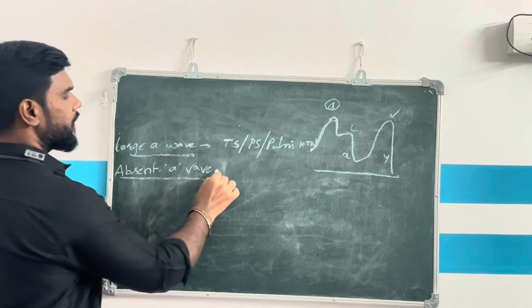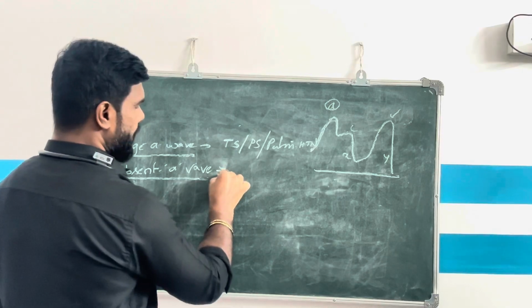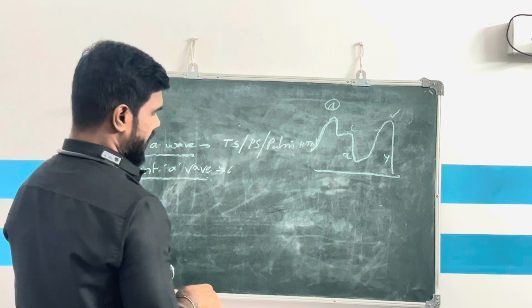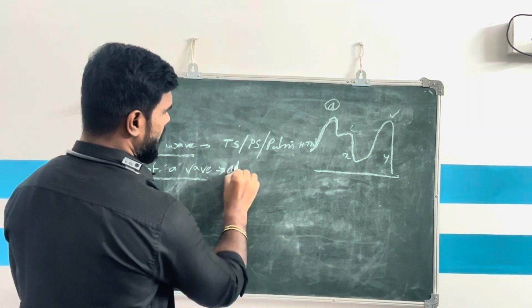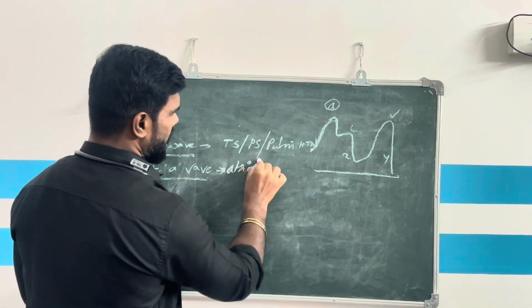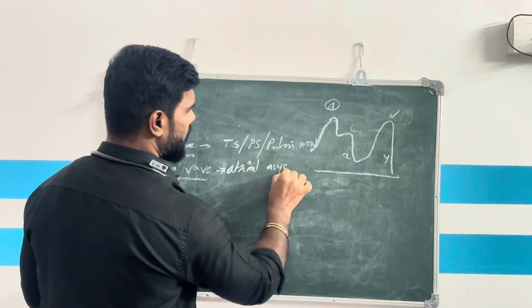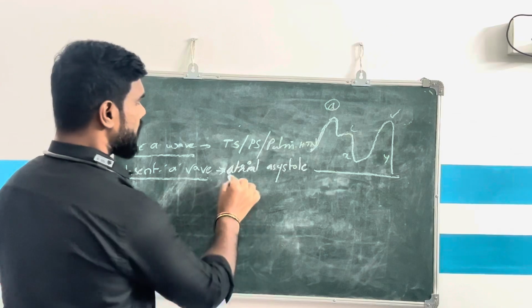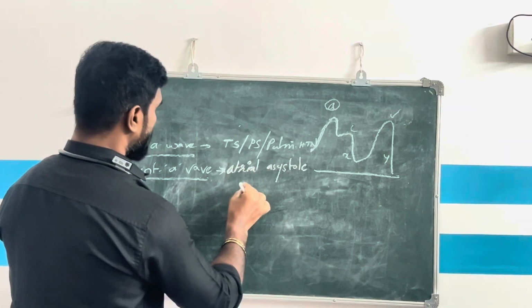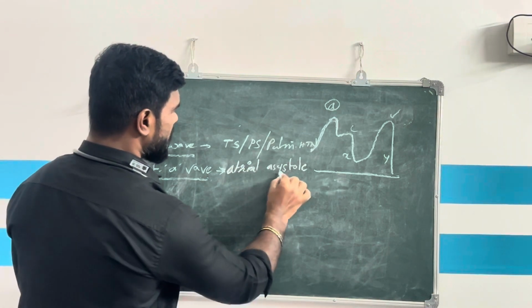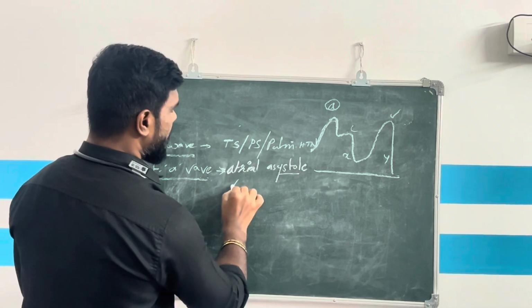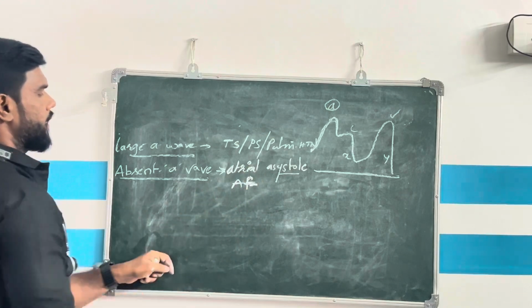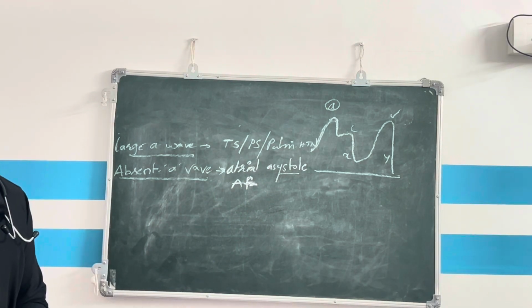The absent A wave is seen in atrial asystole or atrial fibrillation.